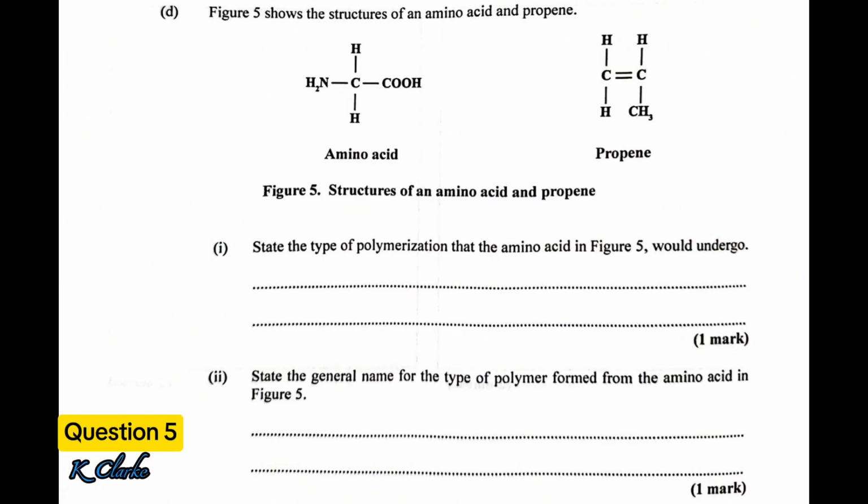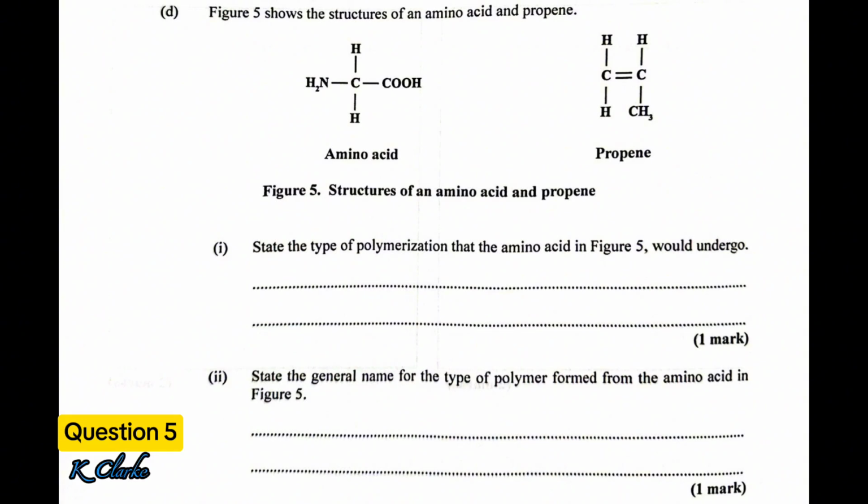D. Figure 5 shows the structures of an amino acid and propene. Part 1. State the type of polymerization that the amino acid in Figure 5 would undergo.